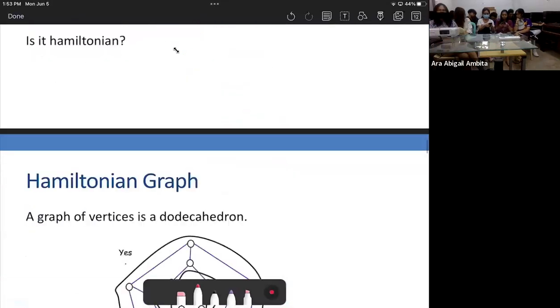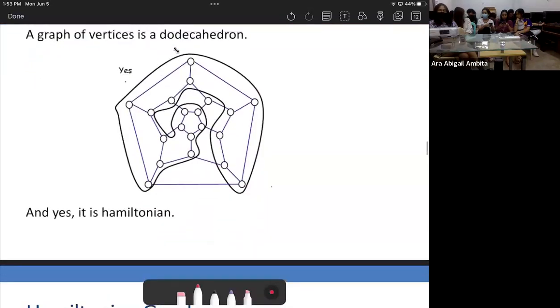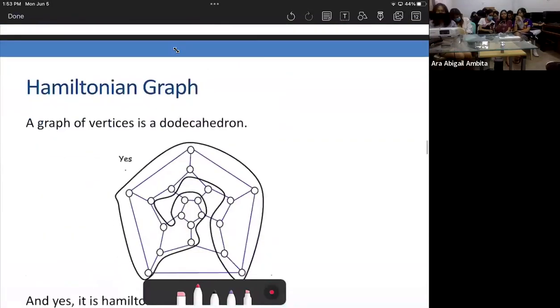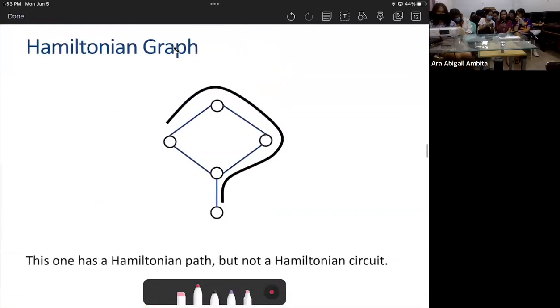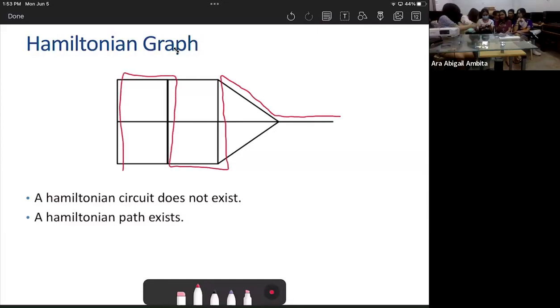Yes, but is this a circuit or a path? Just a path. Okay. So what about this? This one has a Hamiltonian path but also not a circuit. And then what about this one? So a Hamiltonian circuit does not exist. It is also a path. So let's say we start from here.